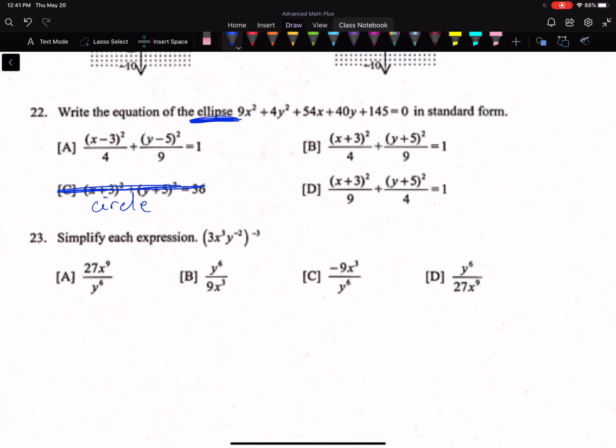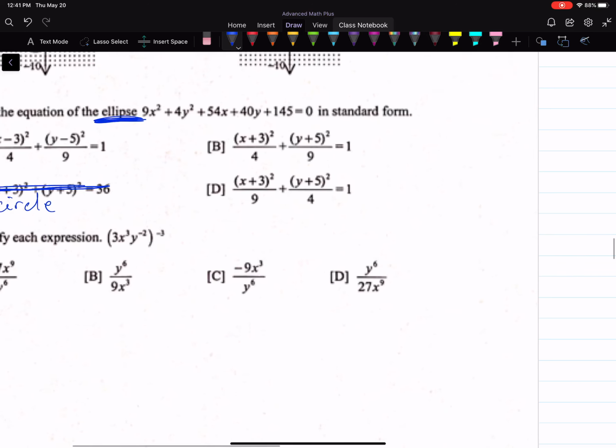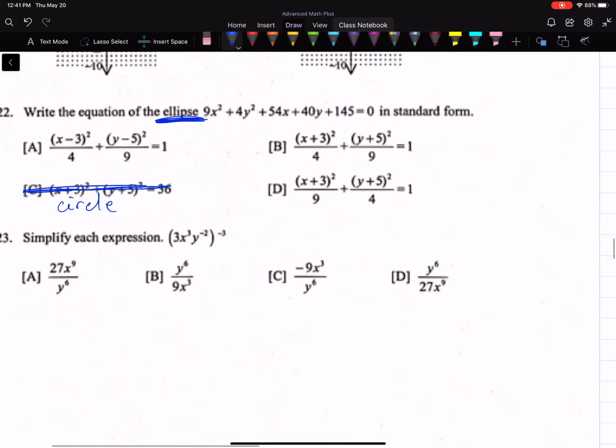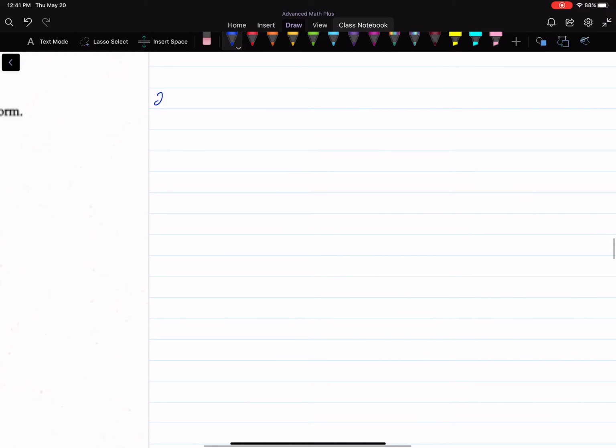Okay, so we're going to take our ellipse formula over here. This is 22. So we got 9x squared plus 4y squared plus 54x plus 40y plus 145 equals 0.